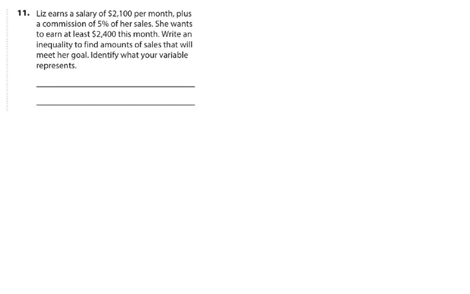It says, Liz earns a salary of $2,100 per month plus a commission of 5% of her sales. She wants to earn at least $2,400 this month. Write an inequality to find the amount of sales that will meet her goal. Identify what your variable represents.